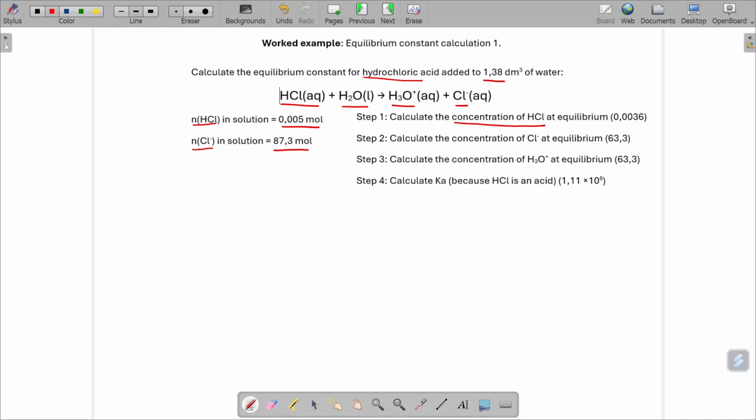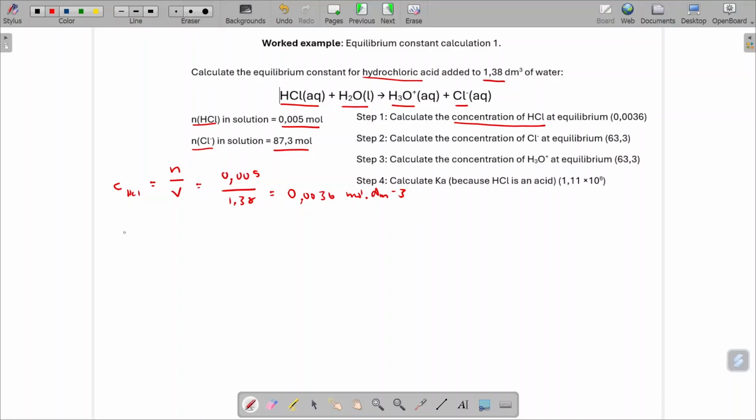So let's work out the concentration of HCl at equilibrium. So the concentration of HCl is the number of moles divided by the volume. So that's 0,005 divided by 1,38, and that gives an answer of 0,0036 moles per cubic decimeter.